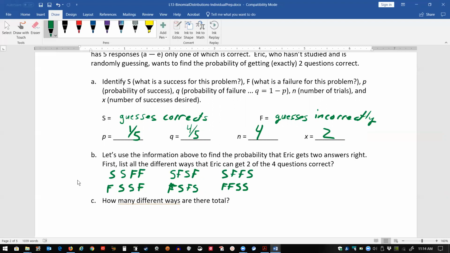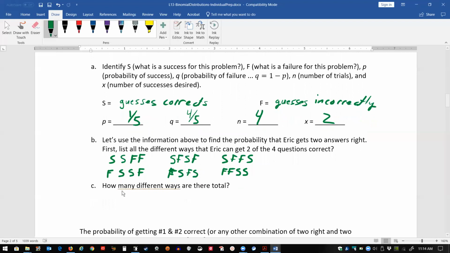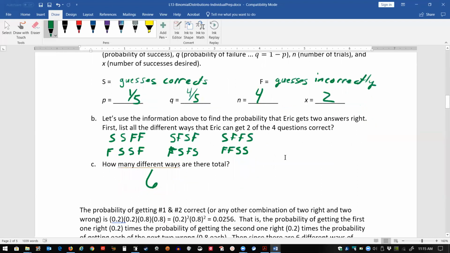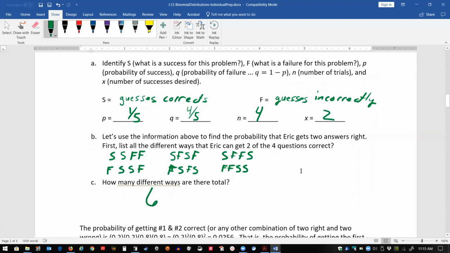Fair enough. So that means there's 6. Now, there's a shortcut to that. We did all this work with combinations before.